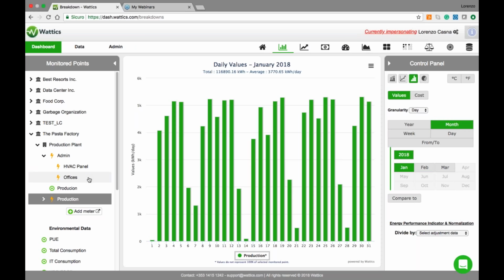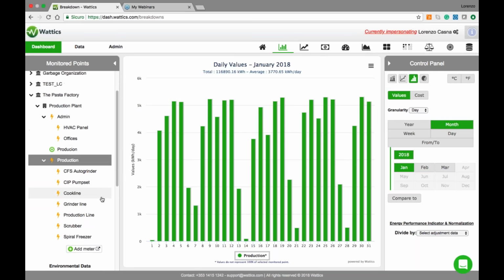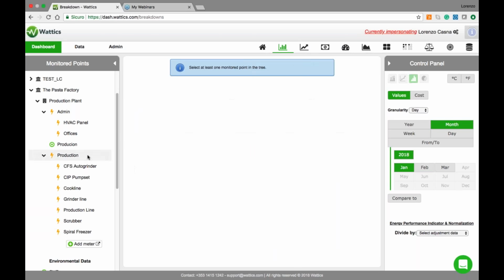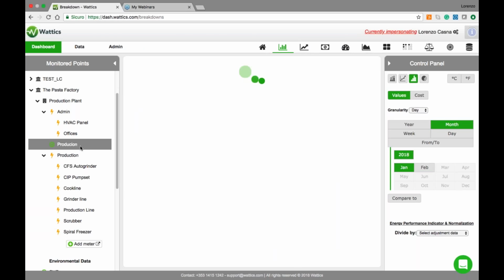This could be plugs, lights, for example a fridge in a snack area, and servers, and so on. In the production area, we have some more specific appliances that this plant uses for processing the food. On top of that, we also uploaded a KPI.